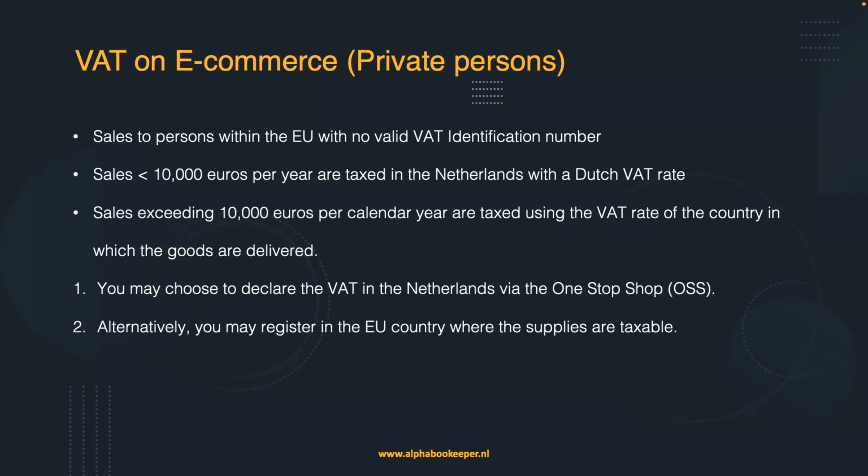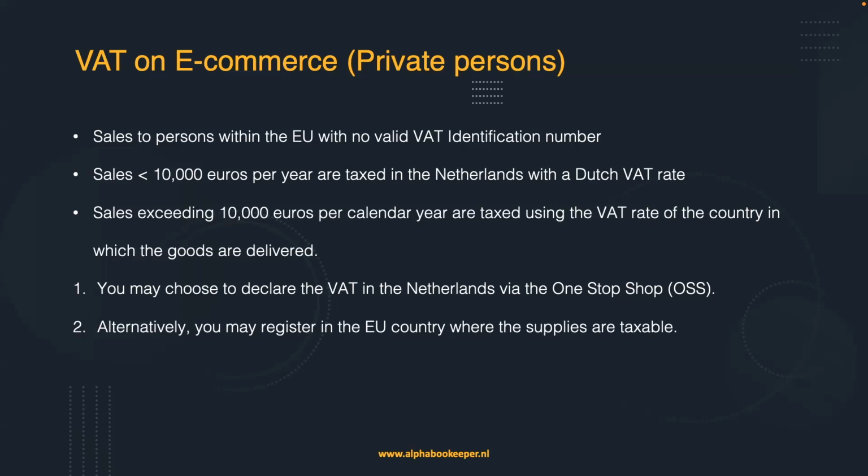And there are two ways you can do this. You can either register individually in each of the countries that you are selling goods to, or you can make use of the one-stop shop, which is what the EU also devised, a one channel where you can populate all transactions you have with different countries within the EU. And then in that system, they reconcile between different countries.